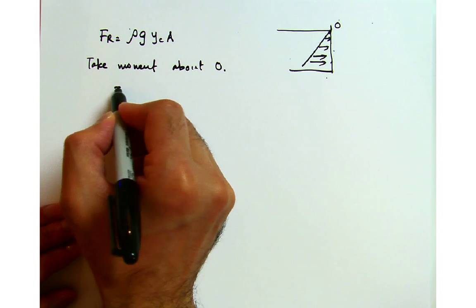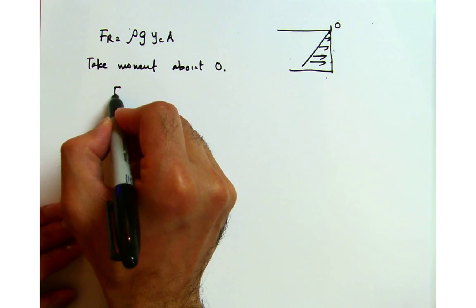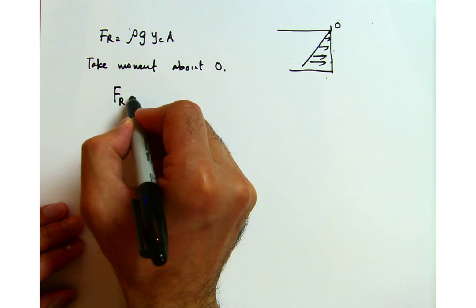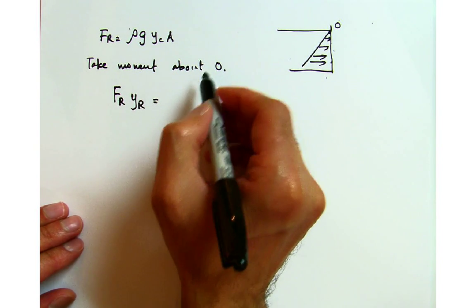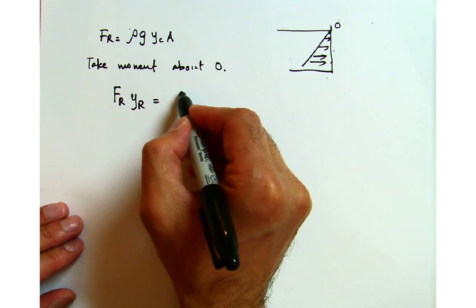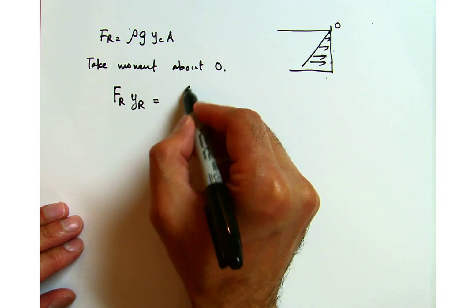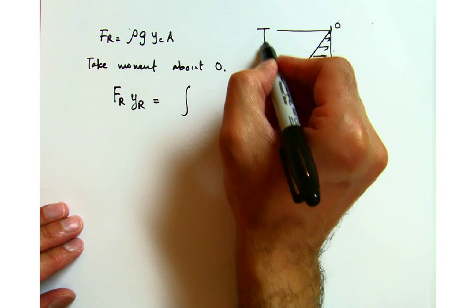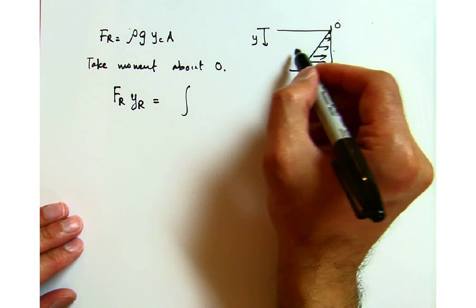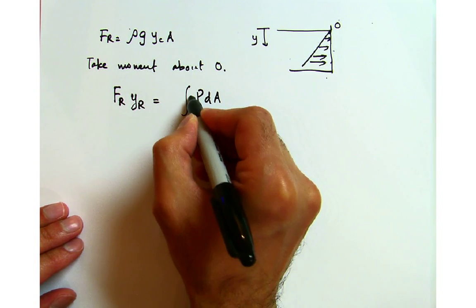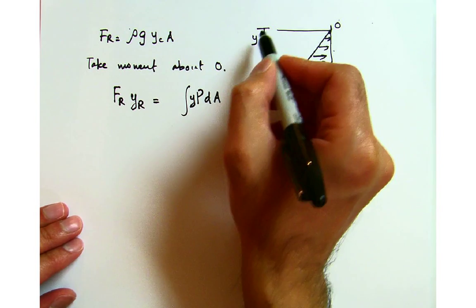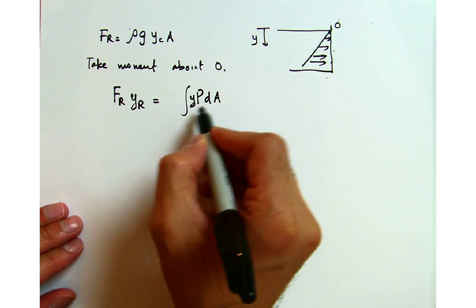So the moment about O will be F_R times y_R. This side is y, so this is where the force is acting. I have p dA, and this also multiplies with this y, the location of that resultant force.